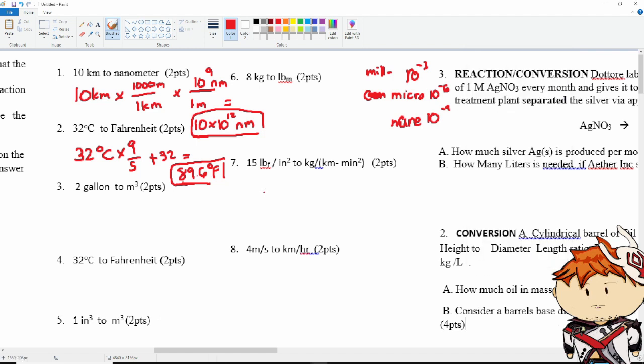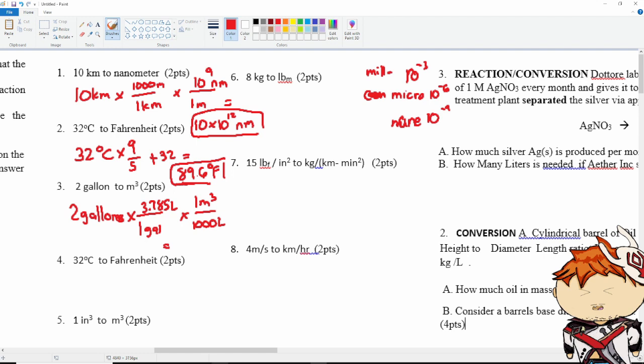Okay. 2 gallons to meter cube. 1 gallon is 3.785 liters, and 1,000 liters is 1 meter cube.